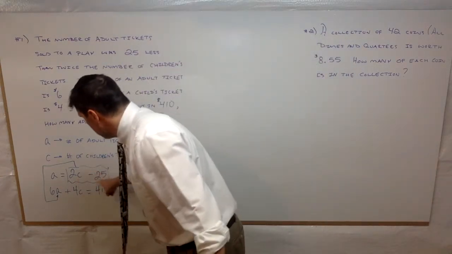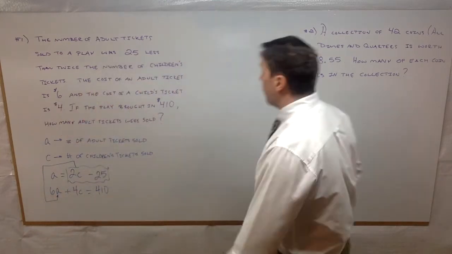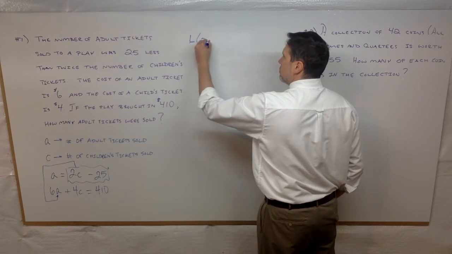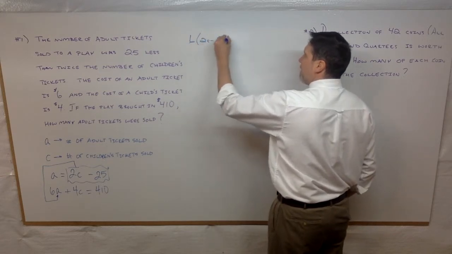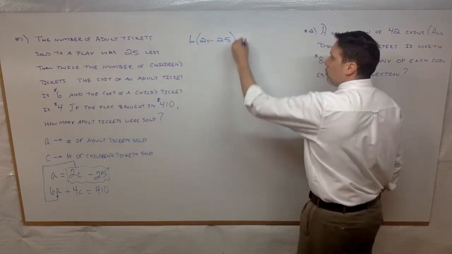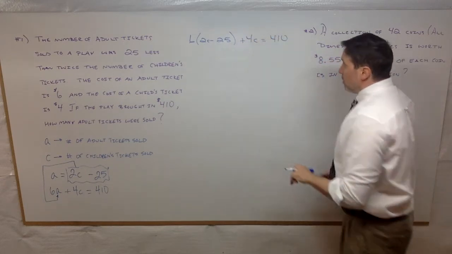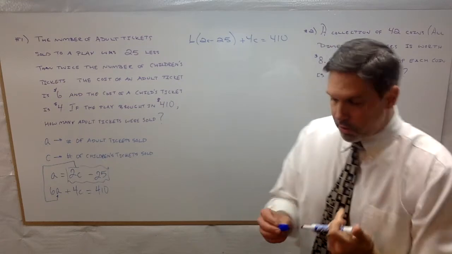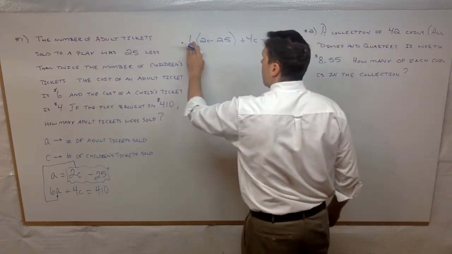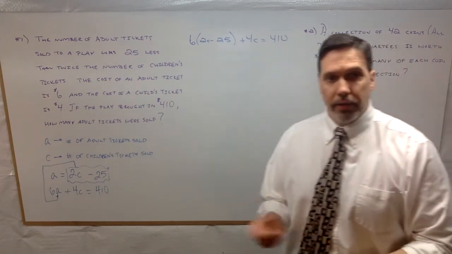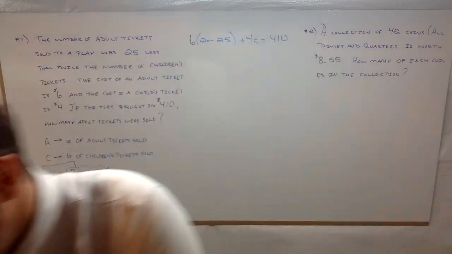Substitute in 2C minus 25 for A, and we get 6 times (2C minus 25), plus 4C, equals 410. What's the point of this substitution step? Well, you now have another equation, a third equation, but it only has one variable. So let's finish solving this.